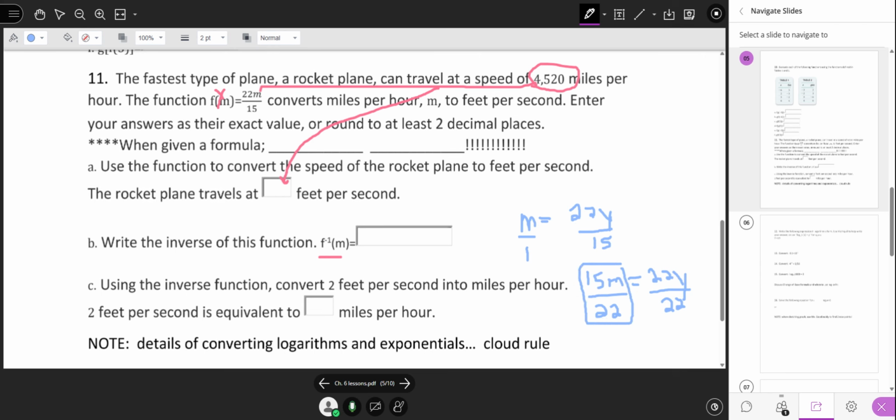So all it did was flip over, leaving the m on top. And now it says to put 2 into this formula.